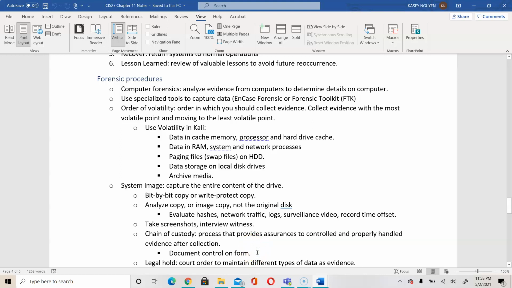And we would use document control on forms, and it could vary from one institution to the next. However, there are standard templates for the forms that would be used. Some of the software tools actually have the form included, so you can fill out the form as you complete that process.